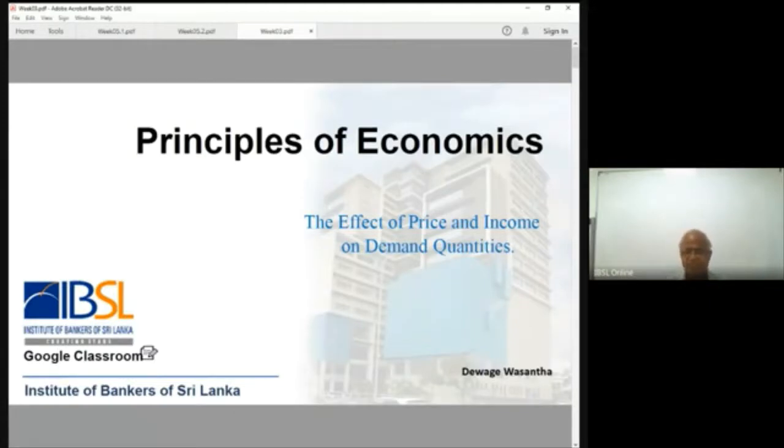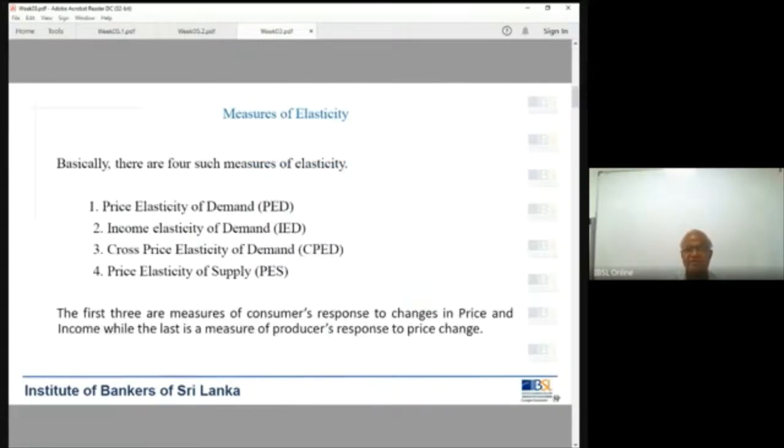Today, the last measure, as I can remember, we didn't discuss: the price elasticity of supply, the supplier's behavior. This is a measure that quantifies the law of supply curve. It's a supply side measure. When the price changes, quantity supplied changes.